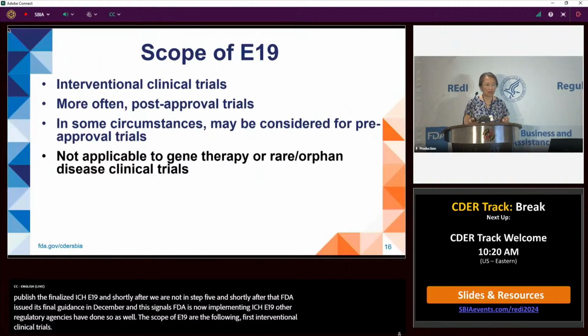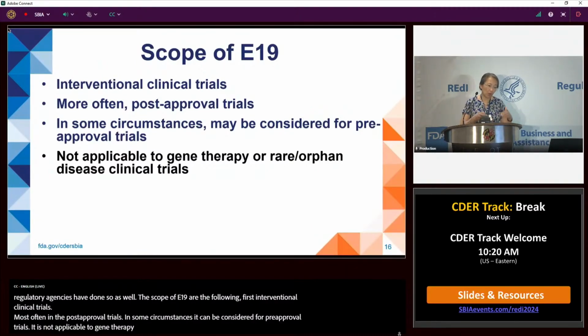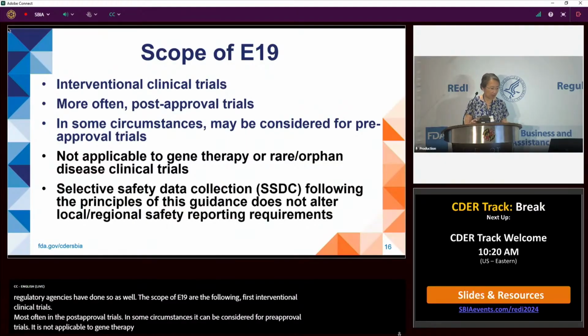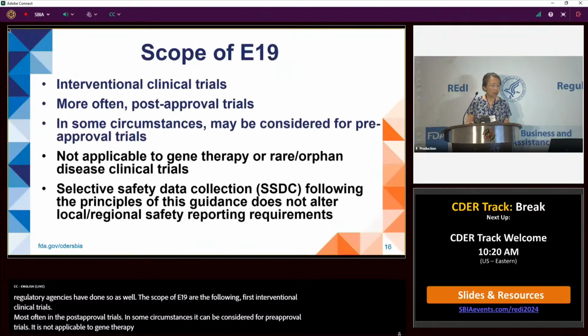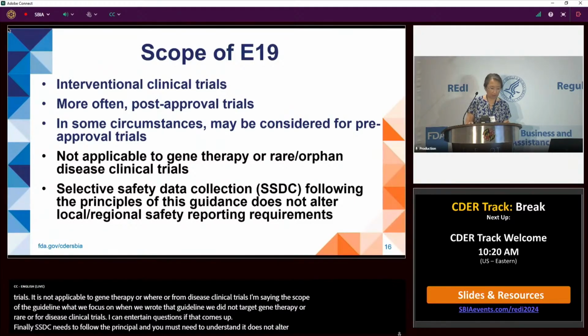And what I'm saying here is that the scope of the guideline, what we focused on when we wrote that guideline, we did not actually target gene therapy or rare orphan disease clinical trials. Certainly, I can entertain questions if that comes up about applying it here. And then finally, if you follow the principles of SSDC in the guidance, you must also understand it does not alter your local regional safety reporting requirements.